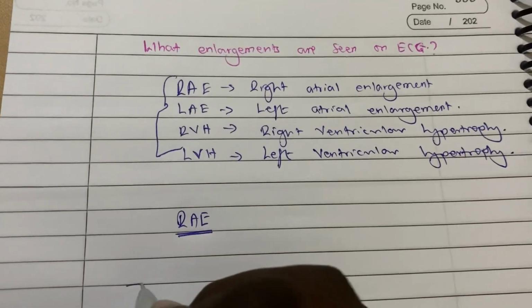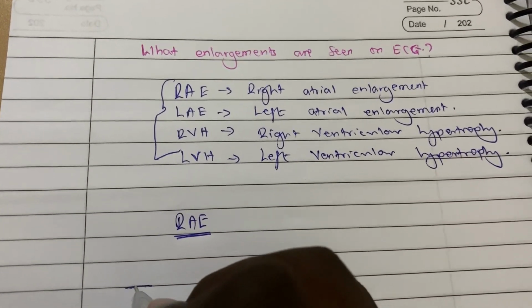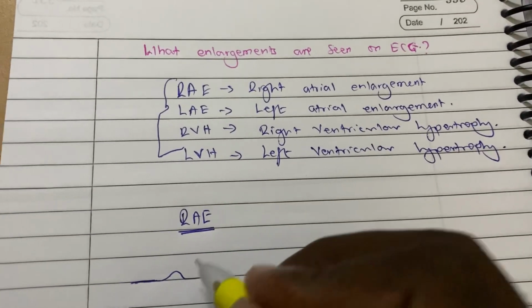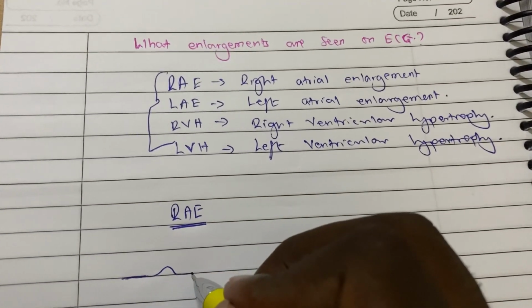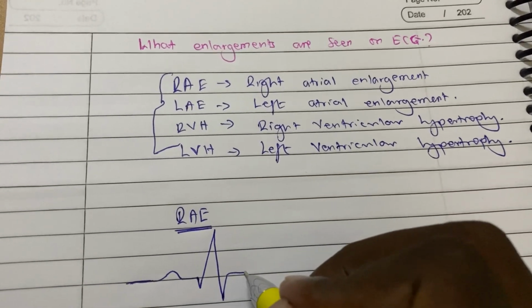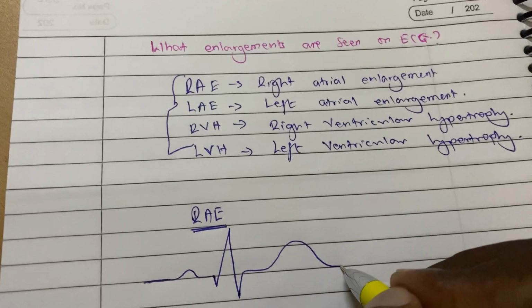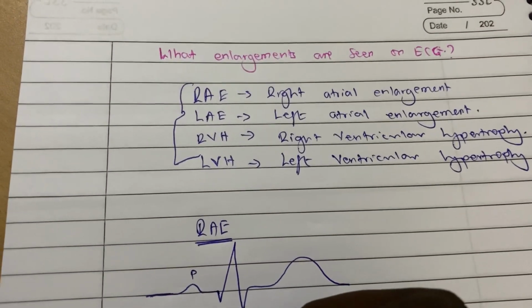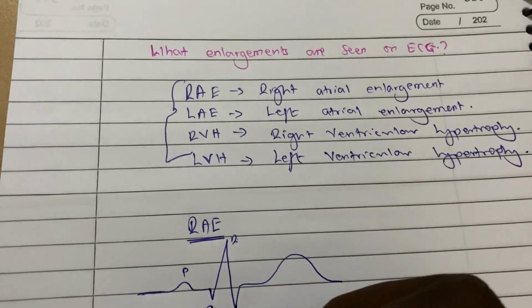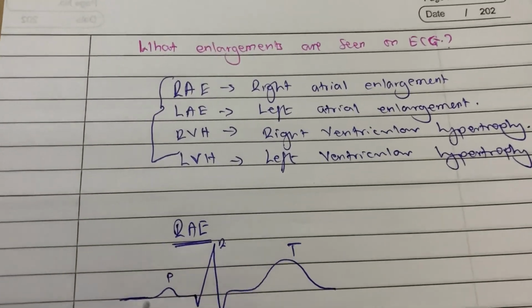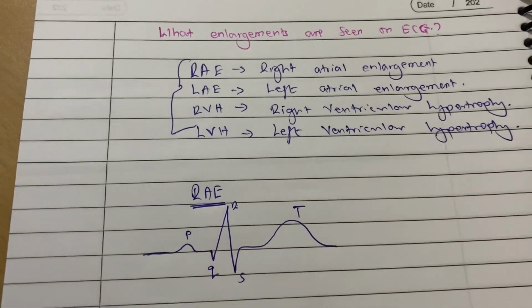It has a baseline and then P wave, Q, R, S, and T. And then we gave the normal parameters of the P wave.